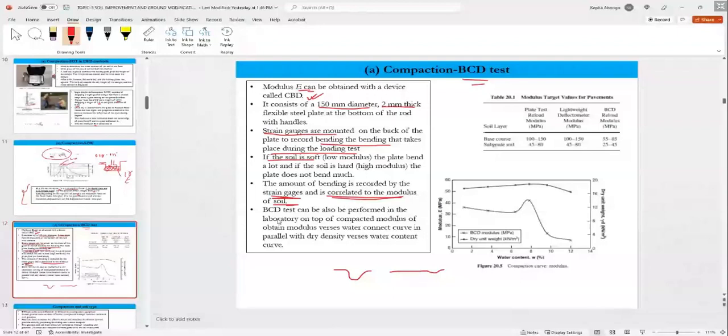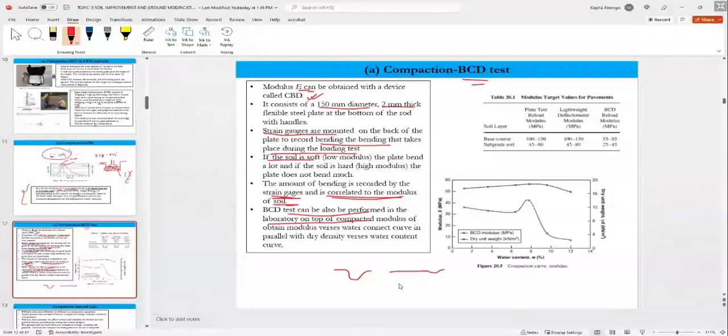Now this test can also be performed in the laboratory on top of compacted soil. For example, you can still do soil compaction in the mold. After weighing everything, you can do the CBD test on the soil in the mold, to give you the modulus. Or we can do this on a CBR sample, when you're done with all your penetration tests.